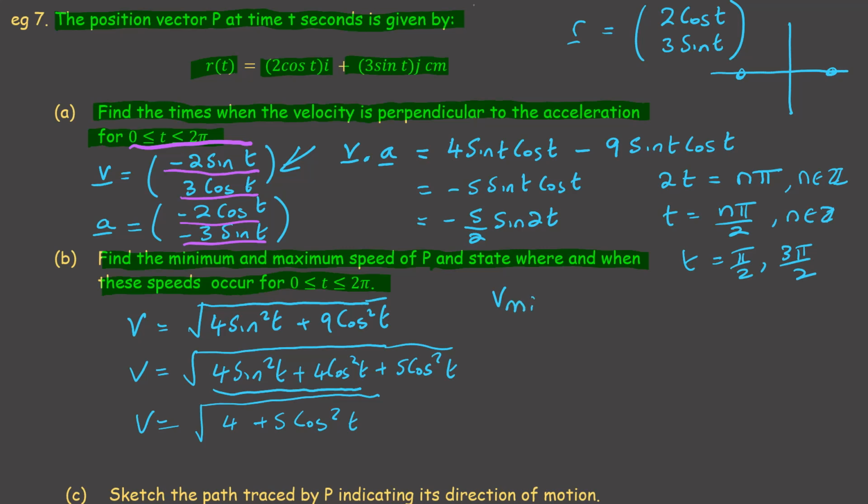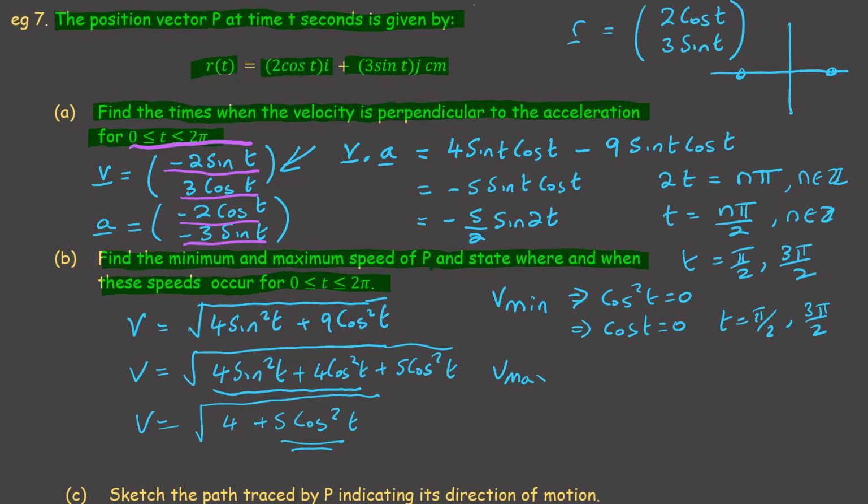So v min will occur when cos squared t is 0. That's the smallest that what's under the square root can be. So cos squared t equals 0, which means cos t is equal to 0, and so t is equal to pi by 2 and 3 pi by 2.